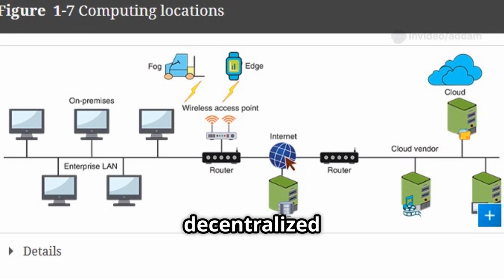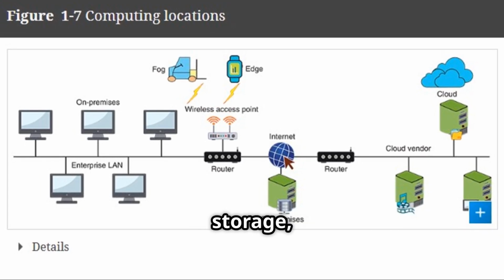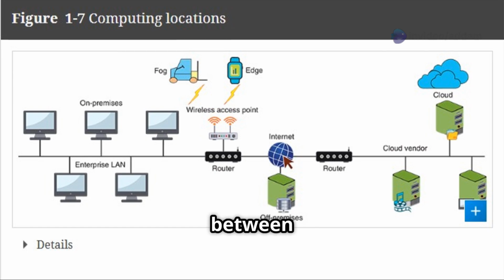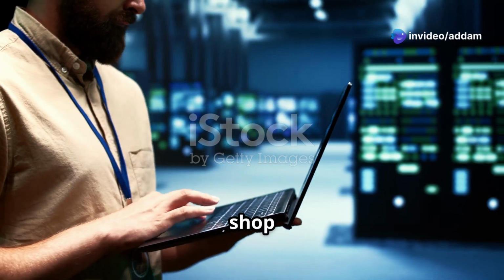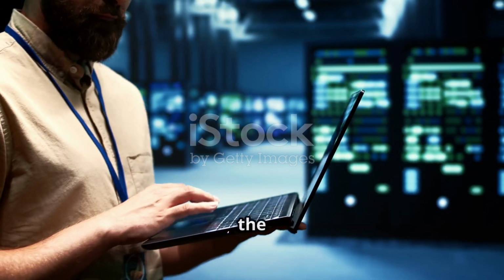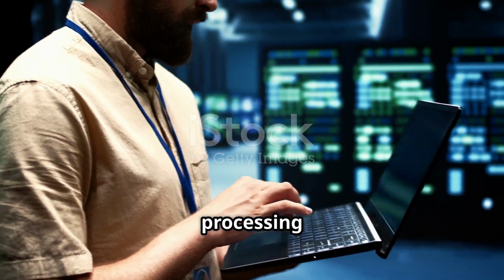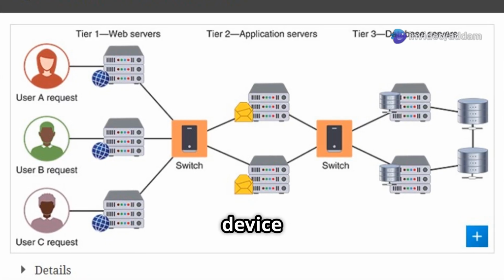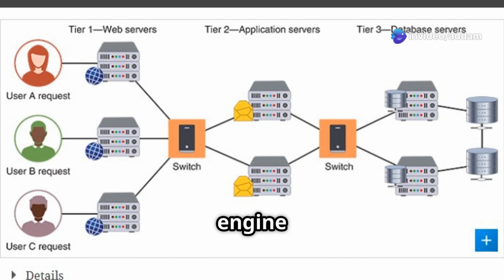Fog: a decentralized computing infrastructure in which data, compute capabilities, storage, and applications are located between the data source and the cloud, for example automated guided vehicles on an industrial shop floor. Edge: computing that is performed at or very near to the source of data instead of relying on the cloud or on-prem for processing, for example an Internet of Things device. Cloud: a remote facility for computing, for example an artificial intelligence processing engine.